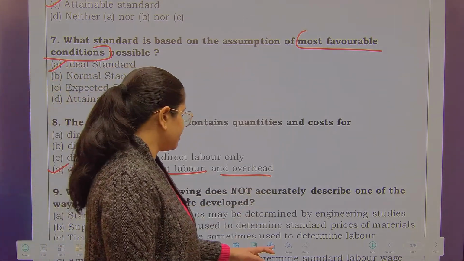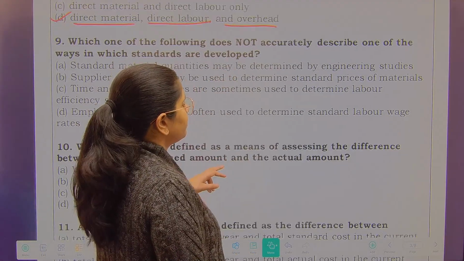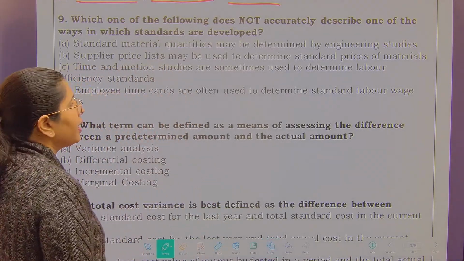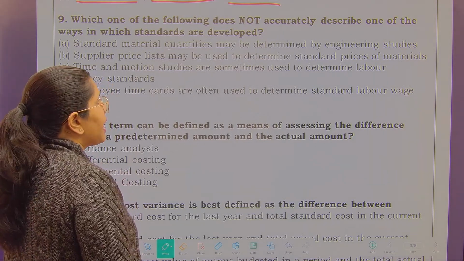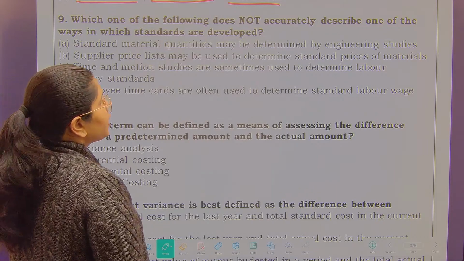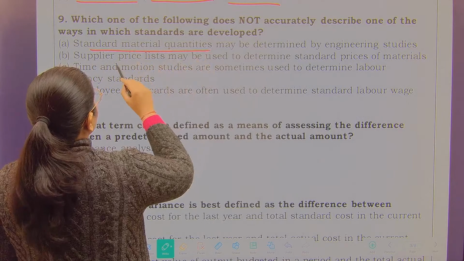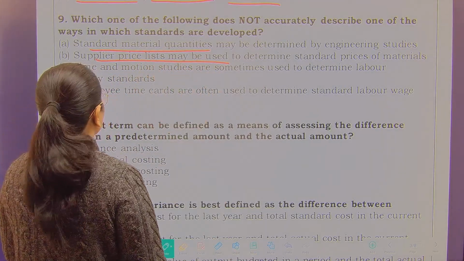Next is, which of the following does not accurately describe one of the ways in which standards are developed? Standard material quantities may be determined by engineering studies. Supplier price list may be used to determine standard prices of material.